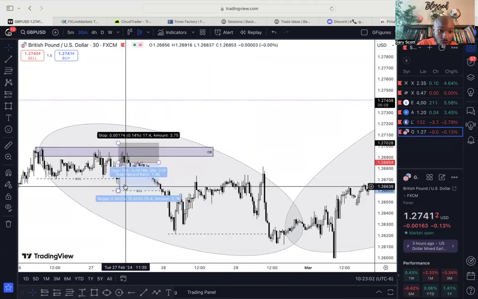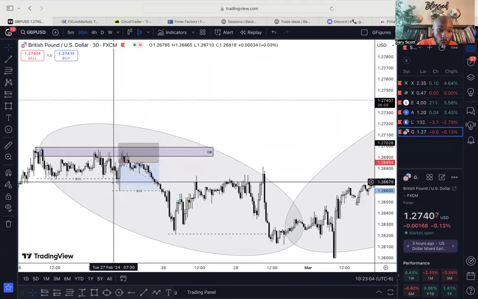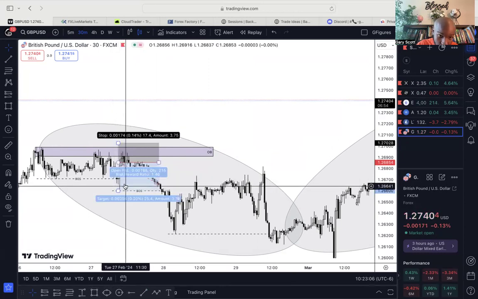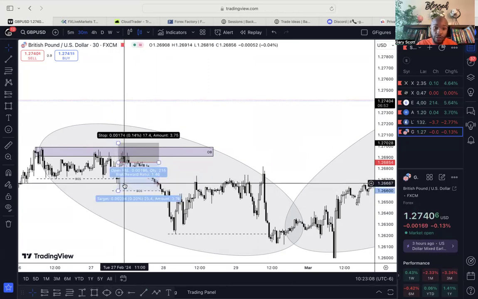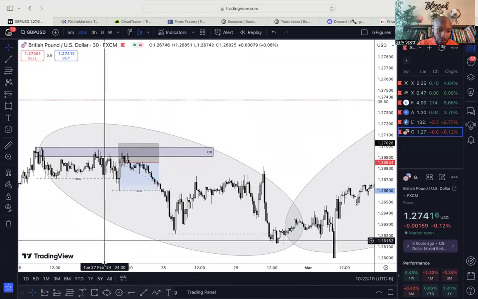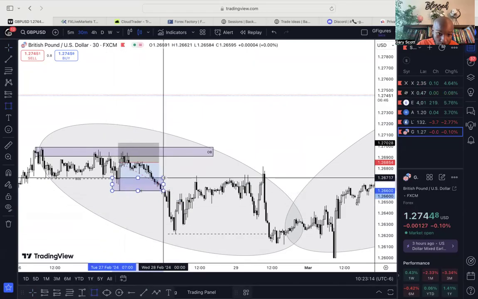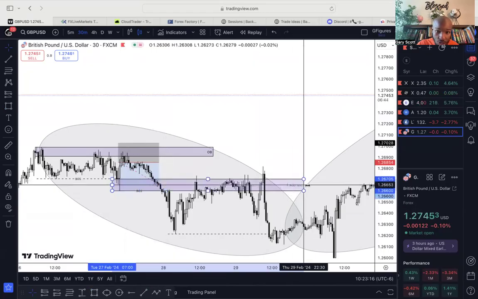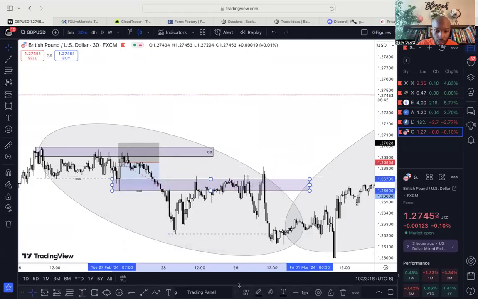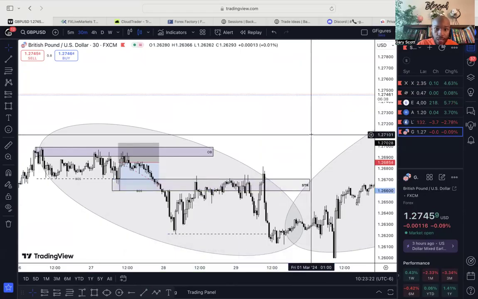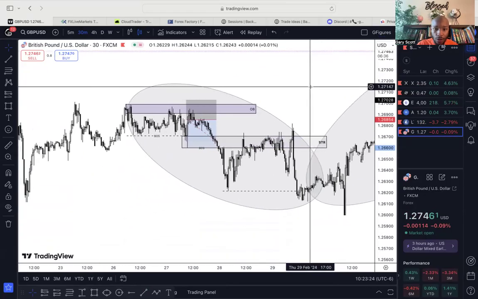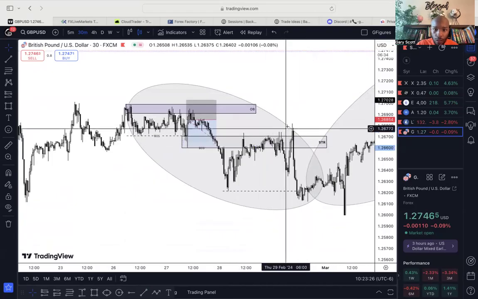Remember, I told you guys, and if I didn't tell you, wicked areas are considered structure levels in the market. So from the wick to the body gives us our structure level. That's our structure point. This is the only candle that truly closed above.